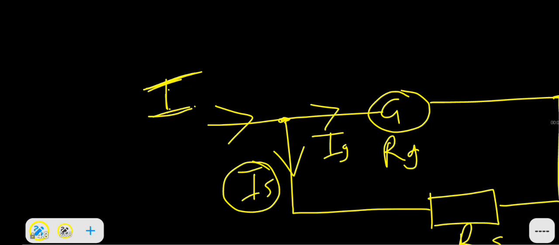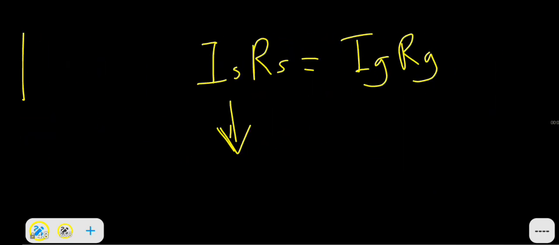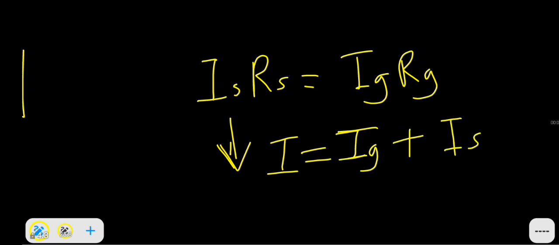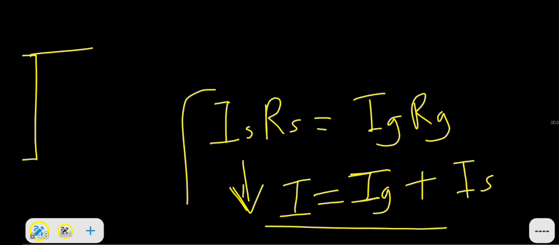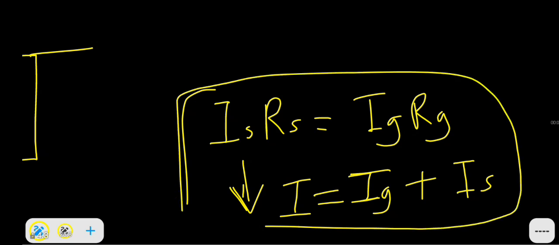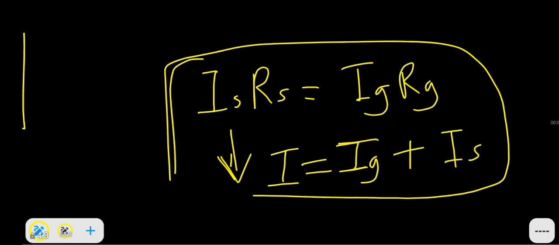That means if you add Is and Ig, you're going to get I. So remember this formula too: I, the ammeter reading, is equal to Ig, the one going through the galvanometer, plus Is, the one going through the shunt resistance. Once you remember these two things, there's no question that you cannot solve. Once you remember the formula Is Rs is equal to Ig Rg, don't forget that.